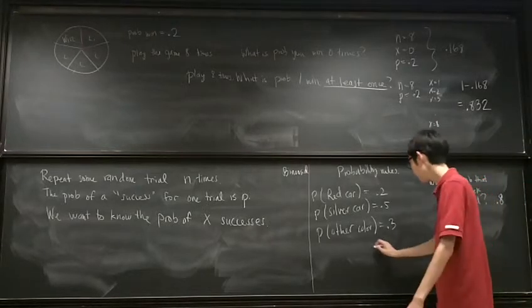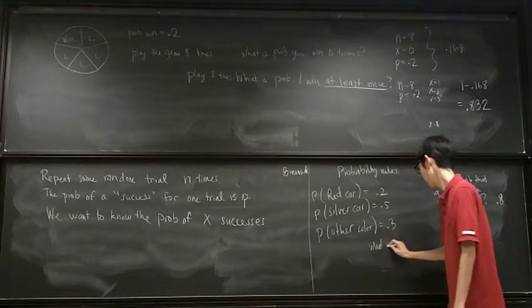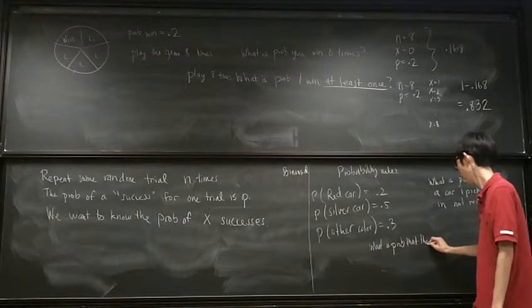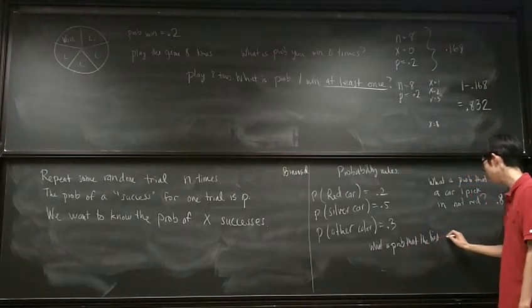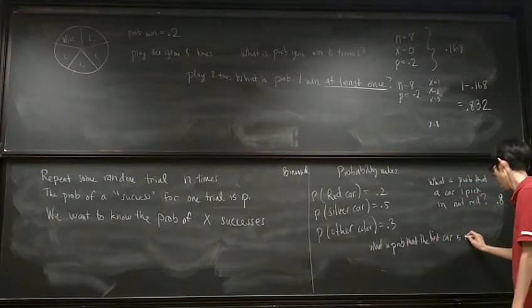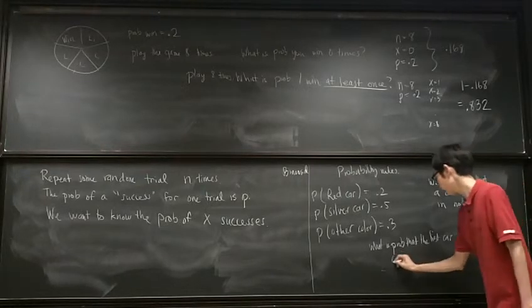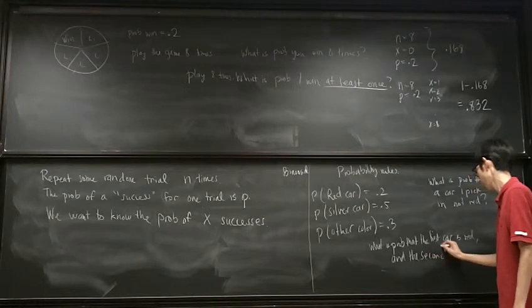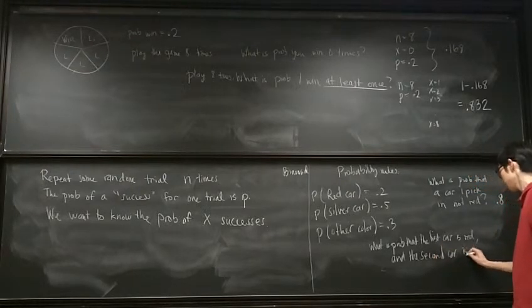What is the probability that the first car I pick is red, and the second car I pick is silver?